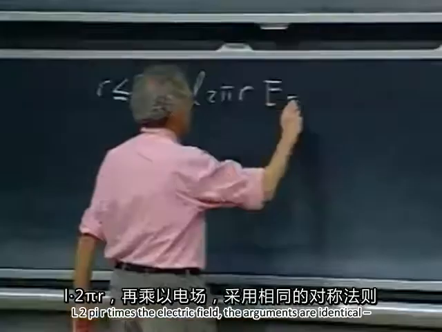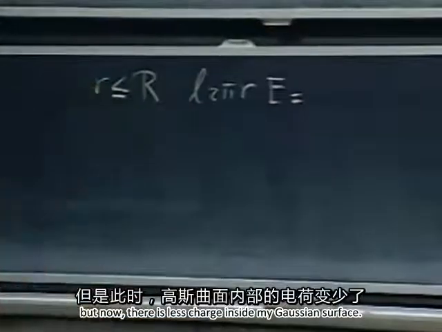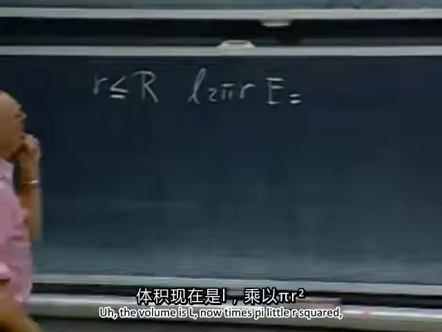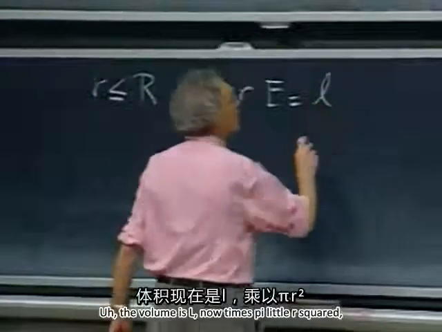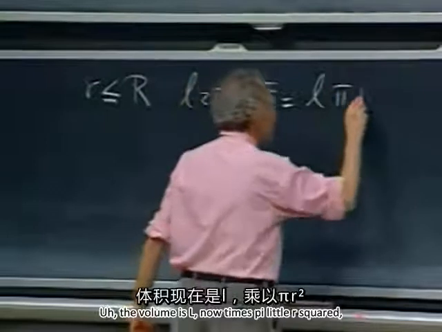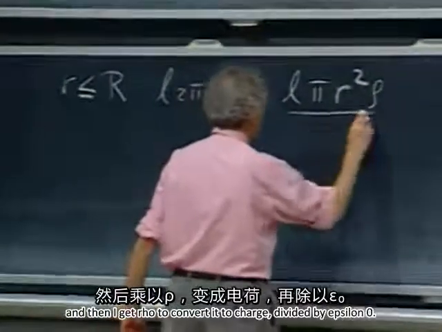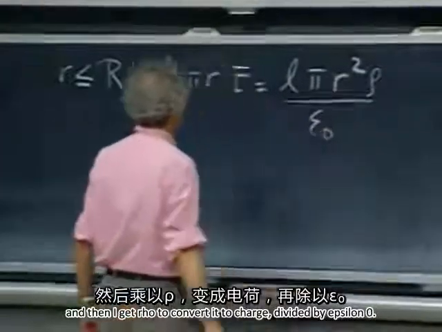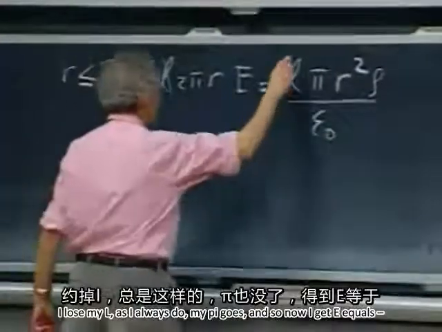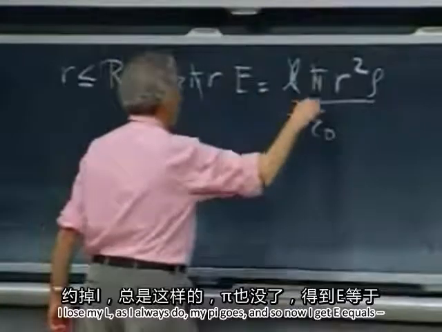The arguments are identical. But now there is less charge inside my Gaussian surface. The volume is L now times pi little r squared. And then I get rho to convert it to charge divided by epsilon 0. I lose my L, as I always do. My pi goes.